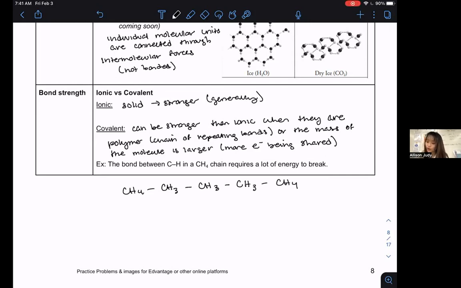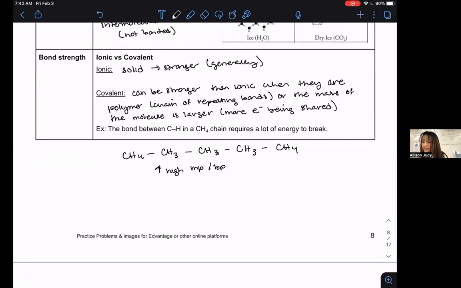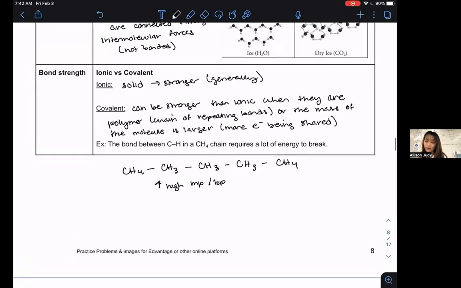This would actually have an incredibly, all right, pretty high melting point and boiling point, indicating pretty strong bonds happening right now, because of the fact that there's just so many electrons being shared across the molecule, making it unfavorable or very difficult to break apart. All right. So that will come with a little bit more understanding. If you didn't really get that, don't worry. It'll become clearer as we progress.